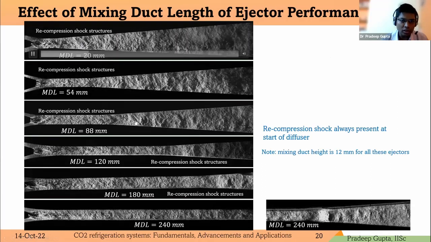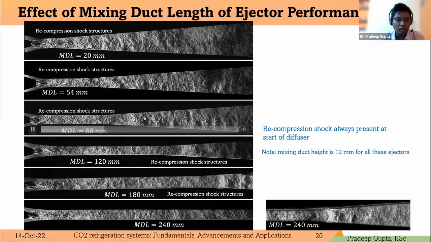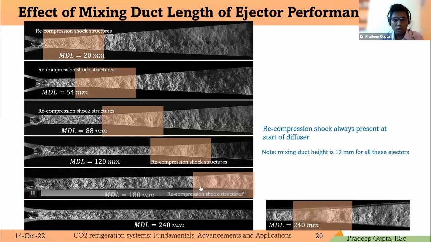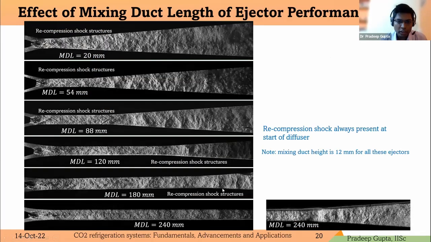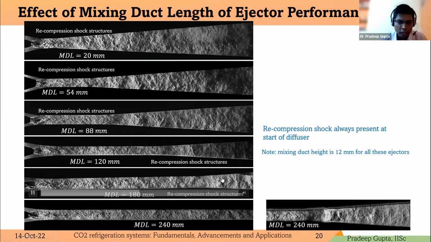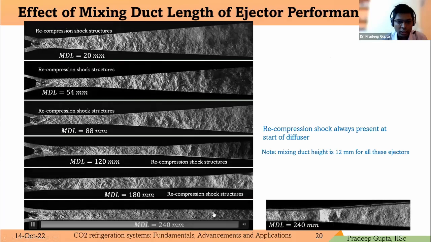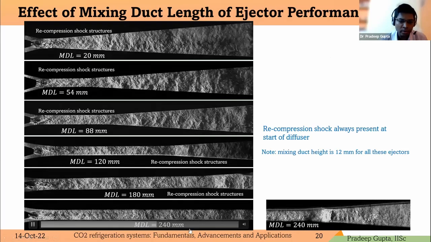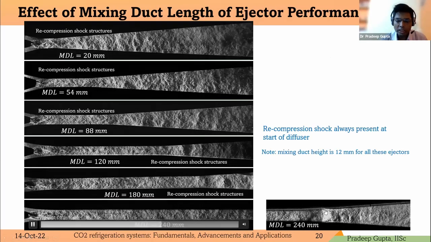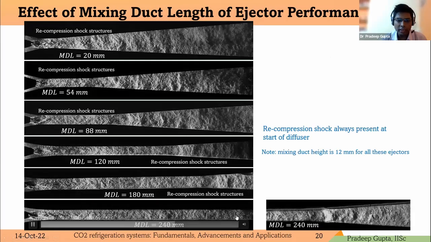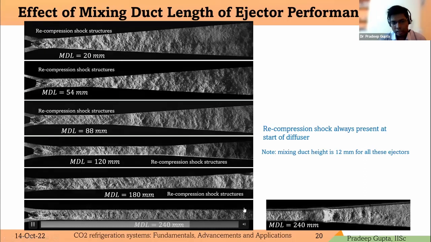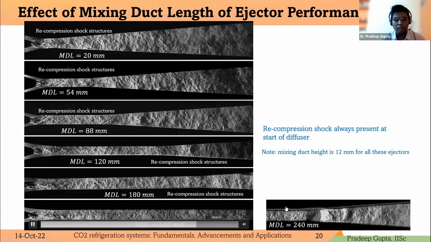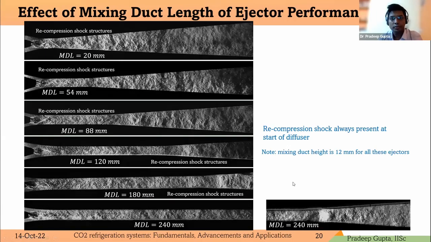We also see shock structure in the diffuser of the other nozzles. Looking closely at ejector 5 and ejector 6, we can see the shock strength of ejector 5 is minimal, while increasing the length from 180 mm to 240 mm, the strength of the shock has increased. That is due to the frictional choking, since this length is longer than the frictional length required for choking.